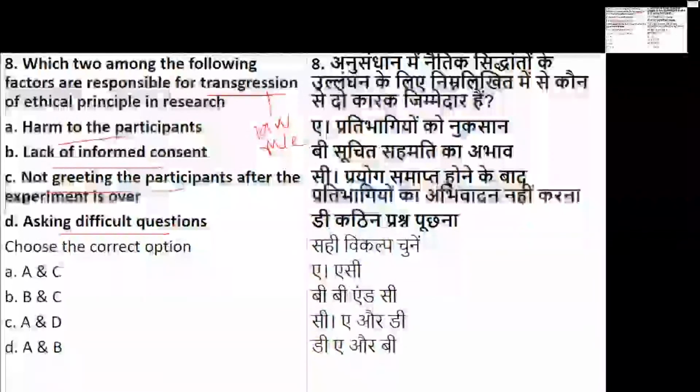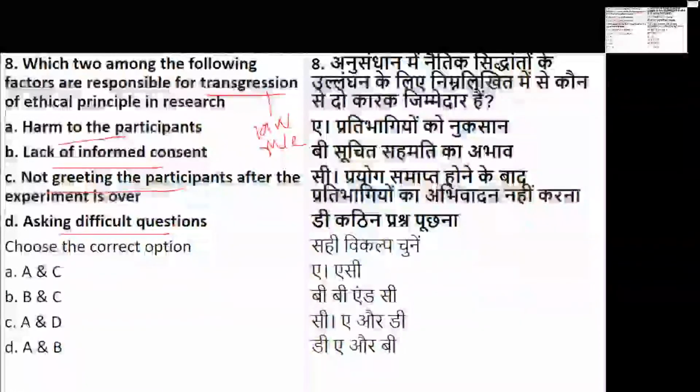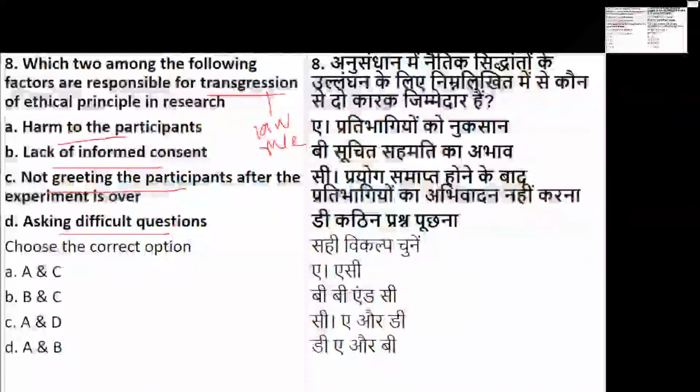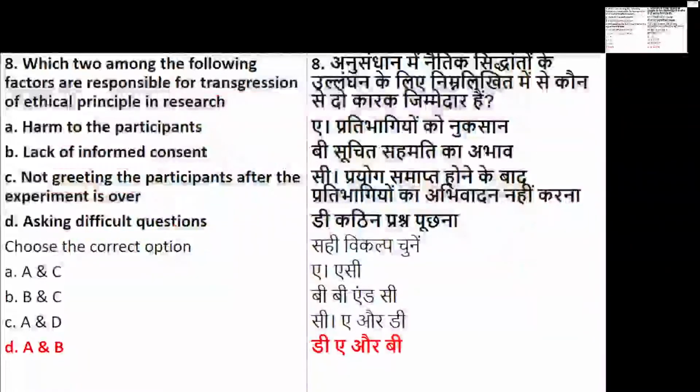Question number 8 is B, okay. Others, okay, fine. So question number 8, C. What will not be a rule?